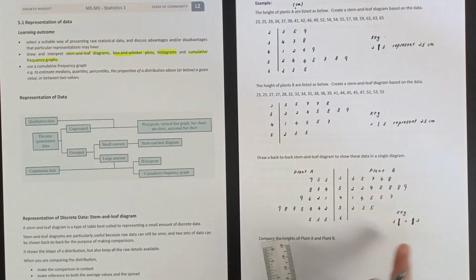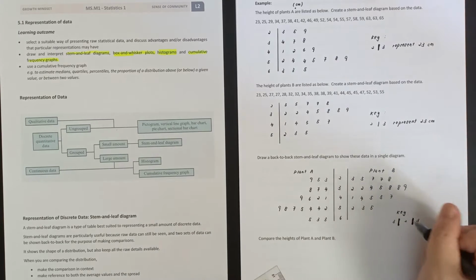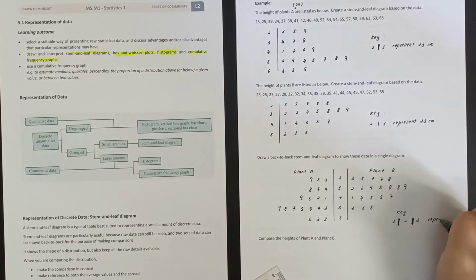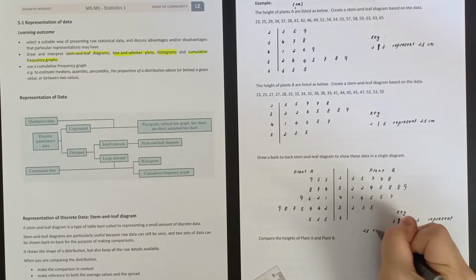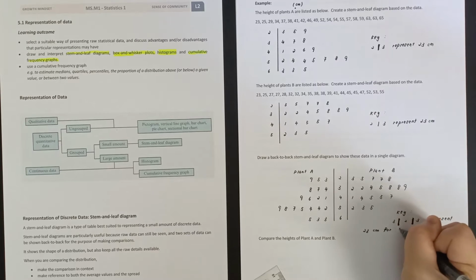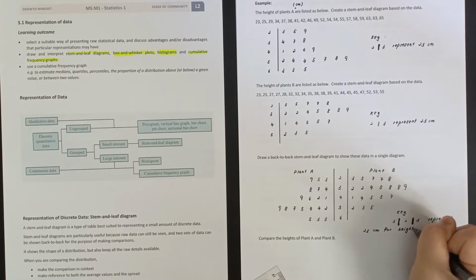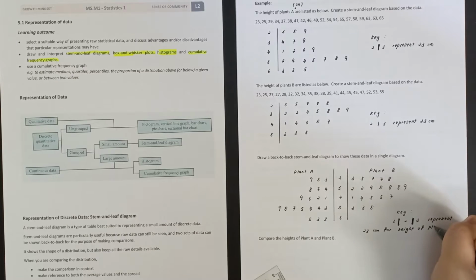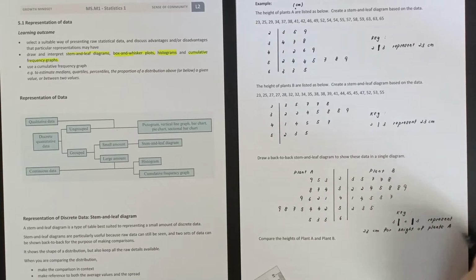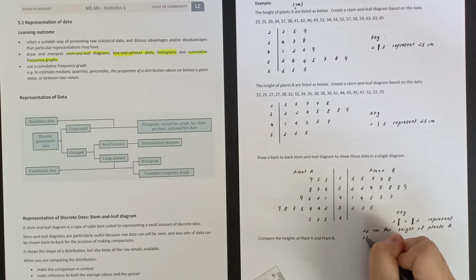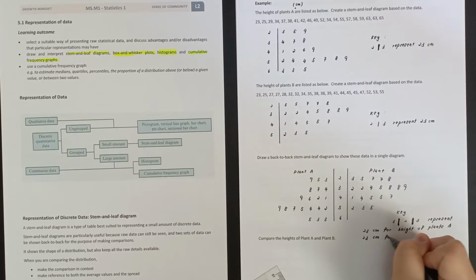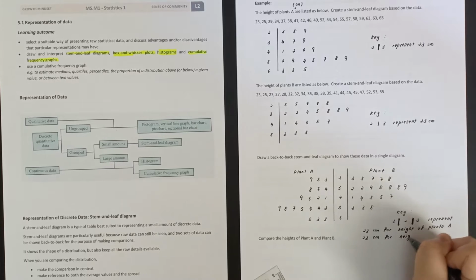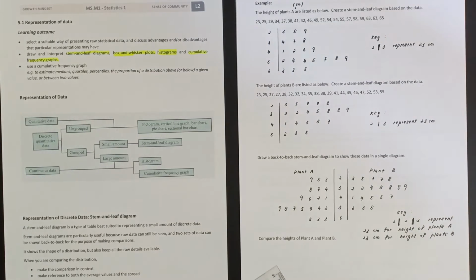Okay, so what does this mean? So 23. This actually represents 23 cm for height of plant A. And then the other one, 23 cm for height of plant B. Okay, so this is how you write your key.